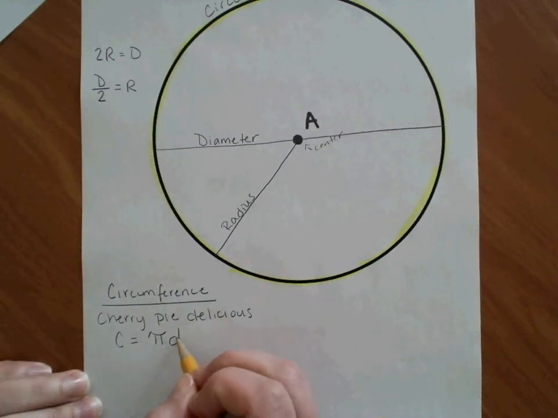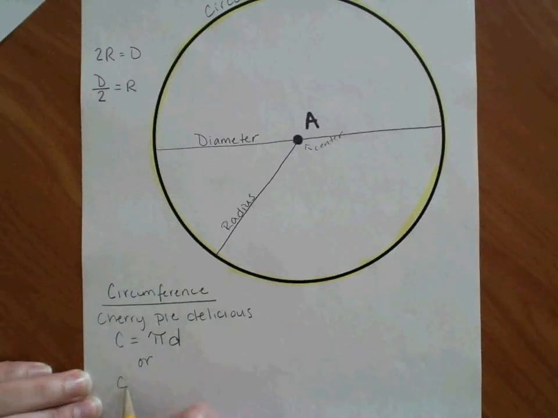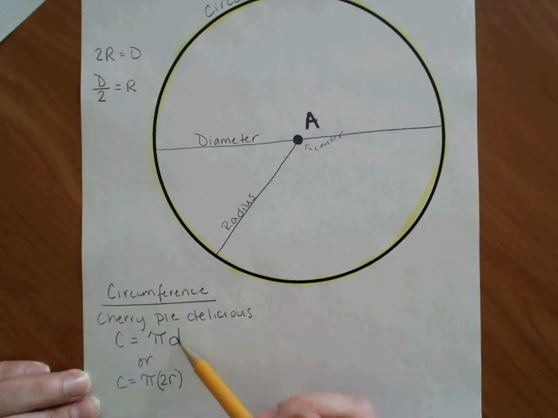I said there's two different formulas for our circumference because we can also say circumference equals pi times 2r. Because remember, 2 times the radius equals my diameter. So these are interchangeable.